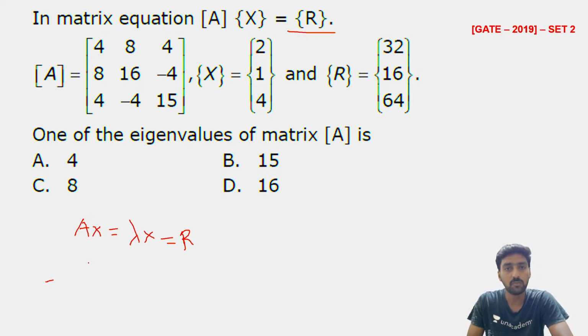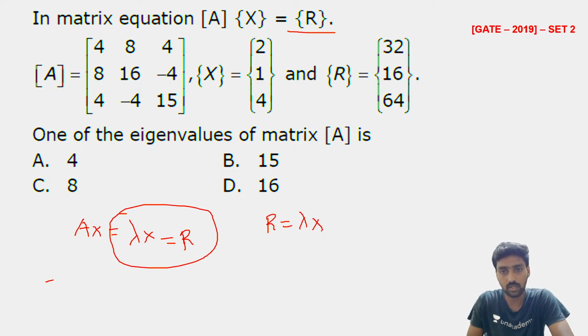Right? So Ax is equal to lambda x, so we can equate R with lambda x. Here R is equal to 32, 16, 64, which is equal to lambda into x, which is 2, 1, 4.